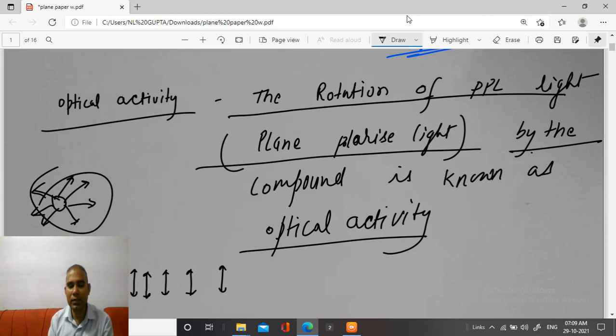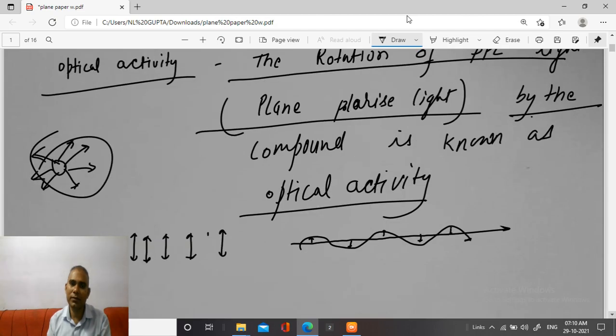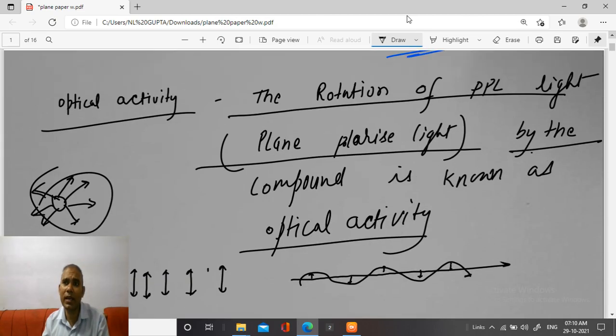The light travels in this way, and you will find the frequency going up and down along a straight line. That is what happens with optically active compounds.